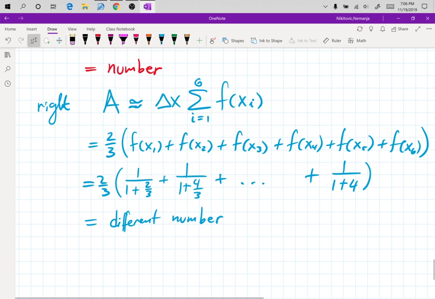And now your true area will be in between the two numbers. Now I don't know which one is bigger, which one is smaller, right? That depends whether the function is increasing or decreasing. So I don't know which one goes where.